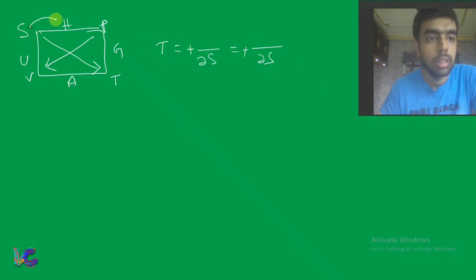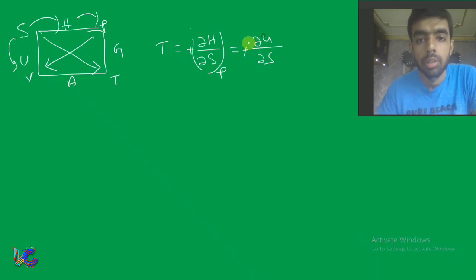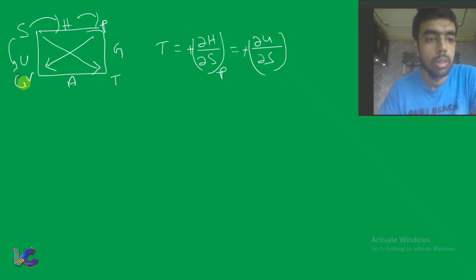With respect to S, there is H. That means you put del H here at constant P. In this case del U, and the constant is V.